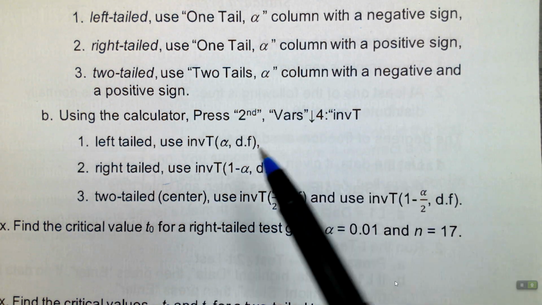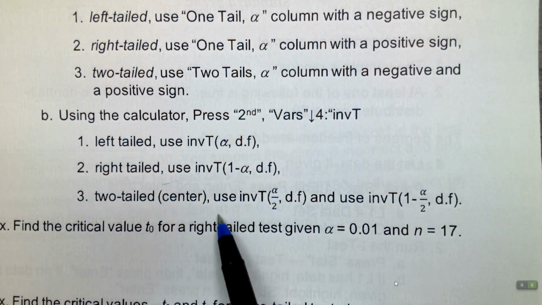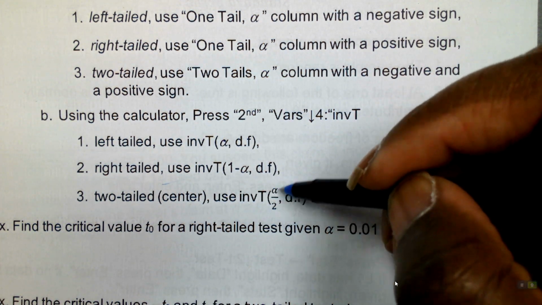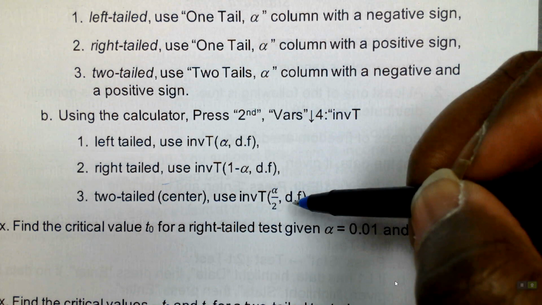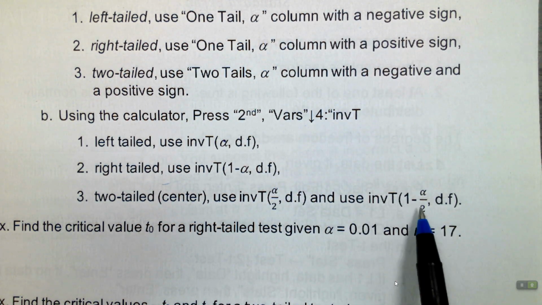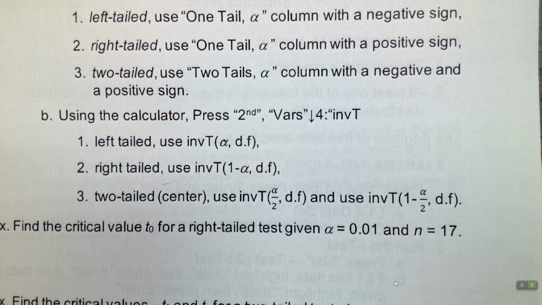For right-tailed, we do 1 minus the level of significance. And for two-tailed, you have to divide your level of significance by 2, and do the plus minus of this one, or you could do 1 minus the complement of this to find your t naught. So let's practice that.